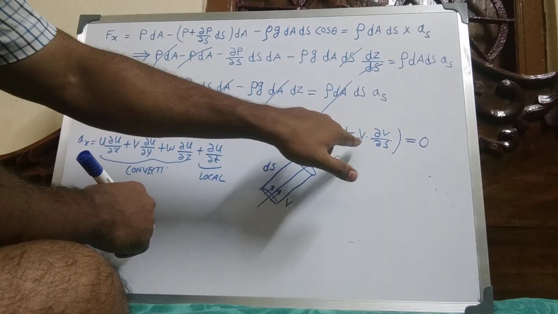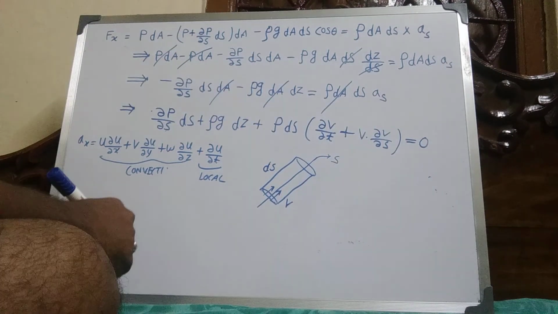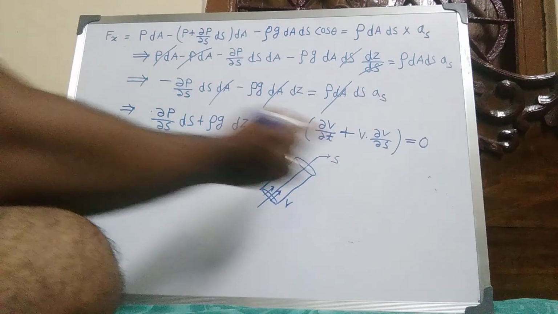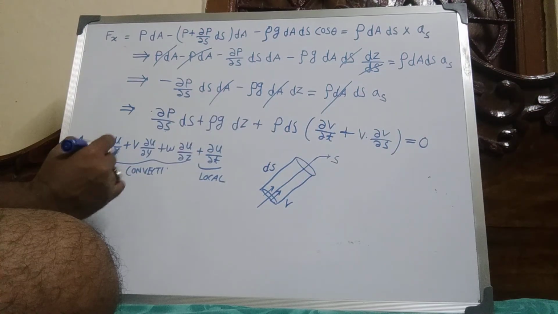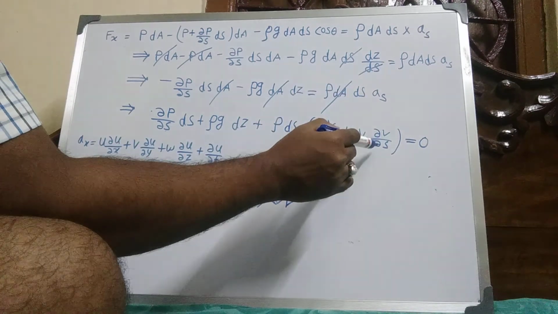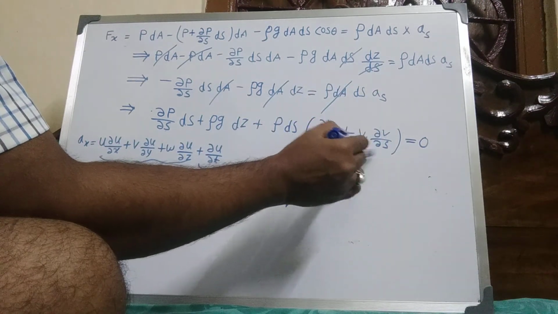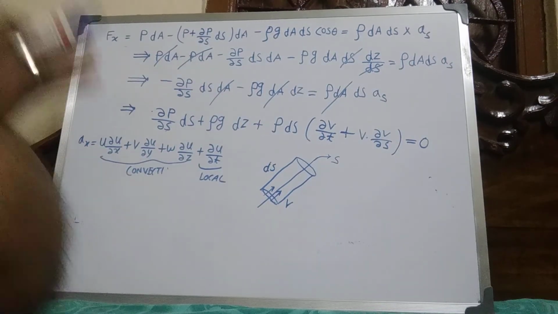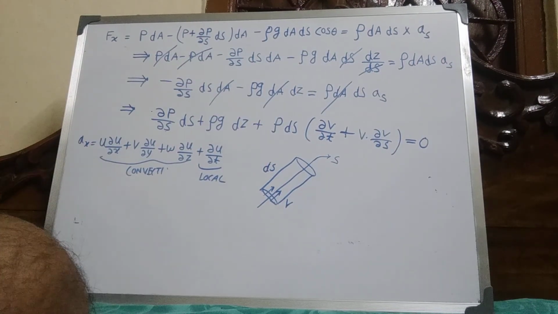So I can write v into dv by ds. The flow is in the s direction, along x, along s, so I have ds. Understand?